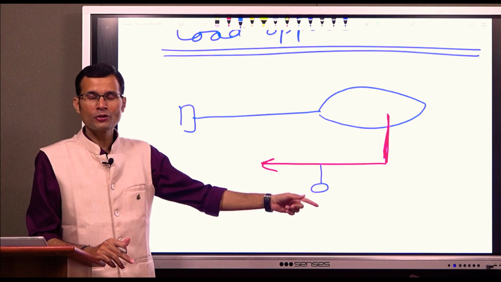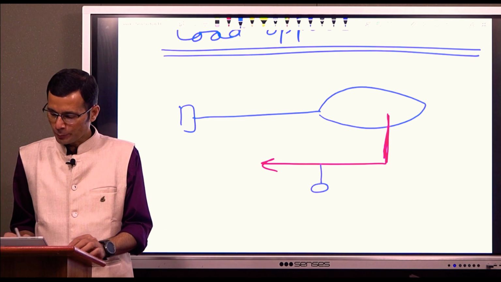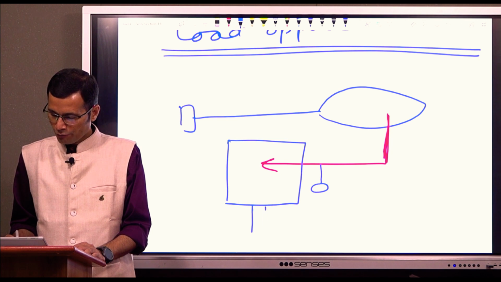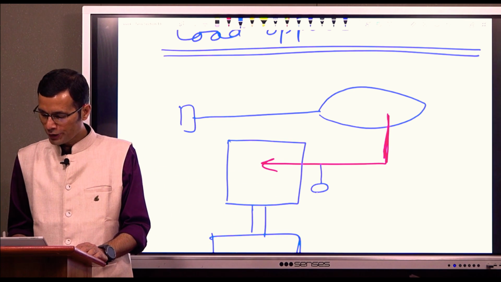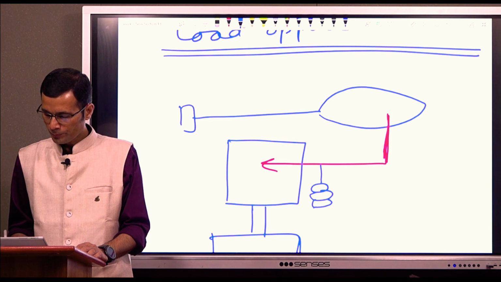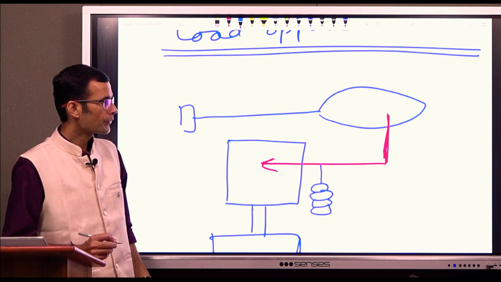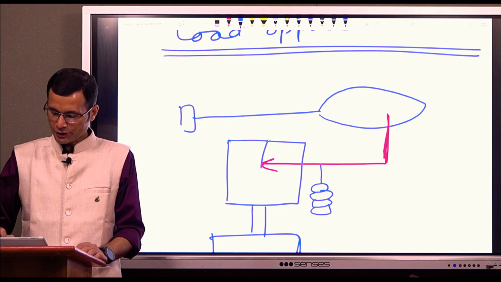Load will oppose the contraction, therefore strength of contraction will go on decreasing. Suppose I am recording these contractions with increasing loads. Suppose I go on adding the load here one by one. Gradually, progressively I increase the load applied to the muscle and I obtain the muscle contraction.